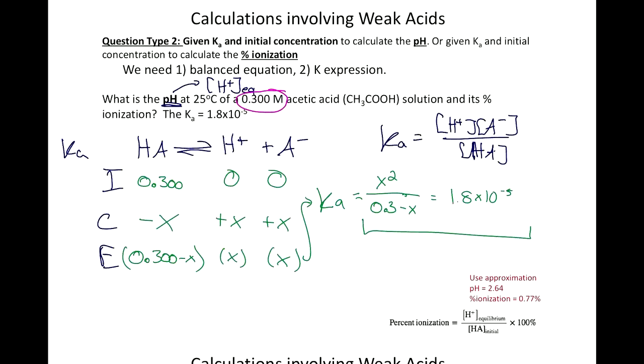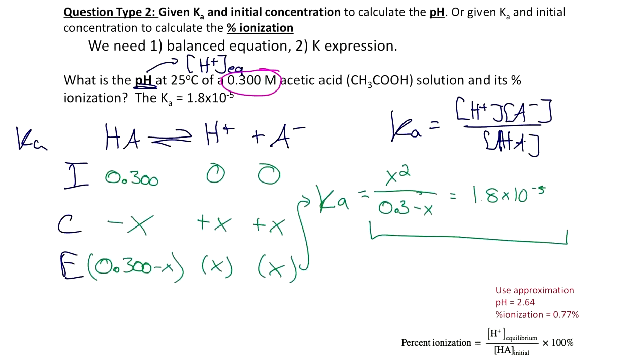Let's think about this. K, is it a big number or a small number? Small. So does this reaction go forward that much? No. So minus x is going to be a big number or a small number? Small number. So if I take 0.3 minus a small number, what is the most appropriate approximation that we can make?